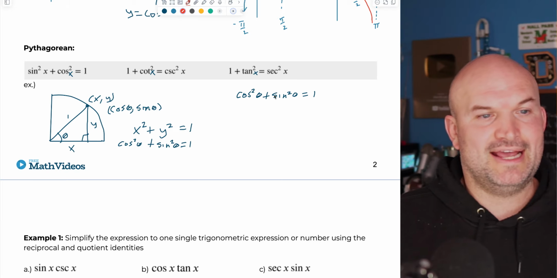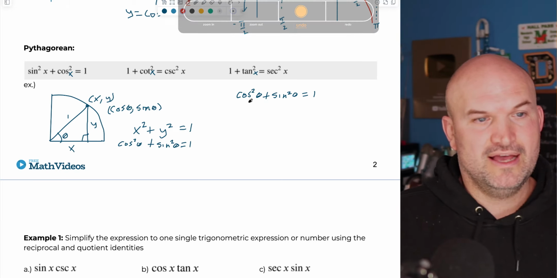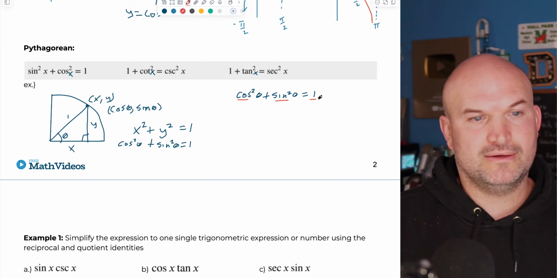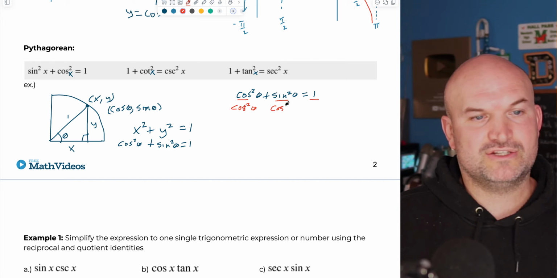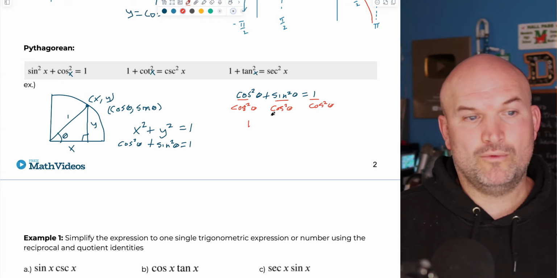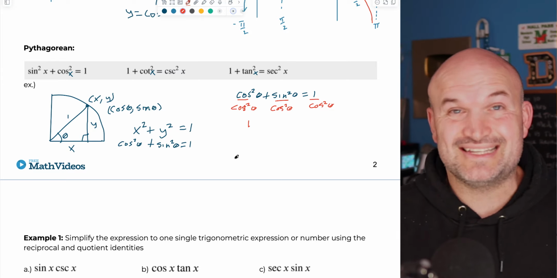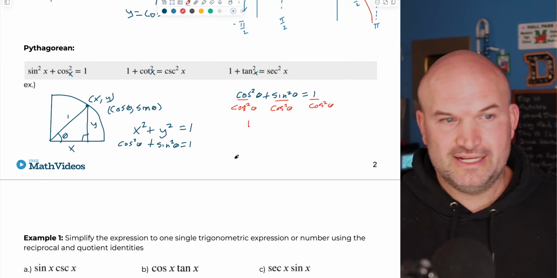So if I divide every term, both sides, by cosine squared of theta, let's see what happens here. I divide this by cosine squared of theta, and this by cosine squared of theta, and I would now get a 1, right? Cosine squared of theta divided by cosine squared of theta is the same thing divided by itself. It's going to equal 1.